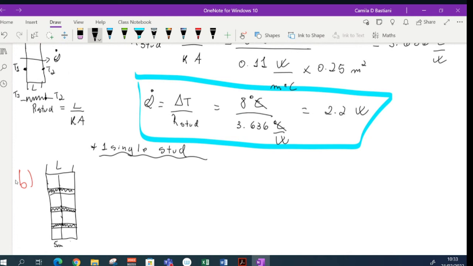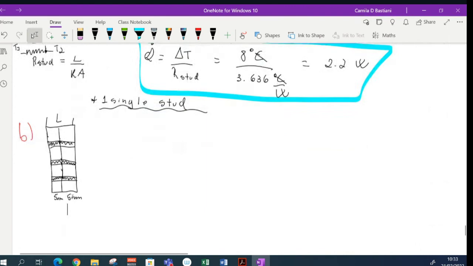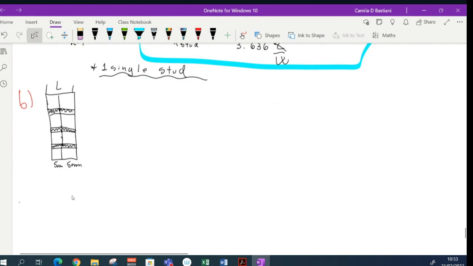But what I would have is that 5 and 5. I'm not too worried about it. I don't have contact resistance between them. Let's think about that in terms of resistance, okay? I have a temperature 1 in the inner surface, and I have a temperature 2 in the outer surface.